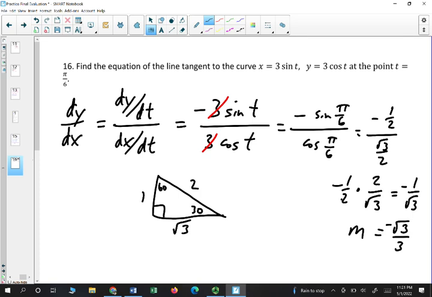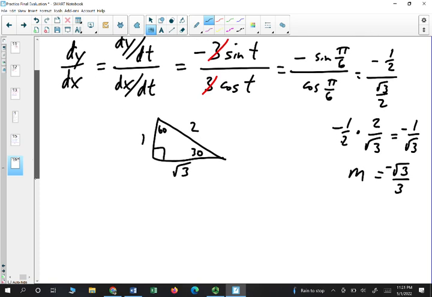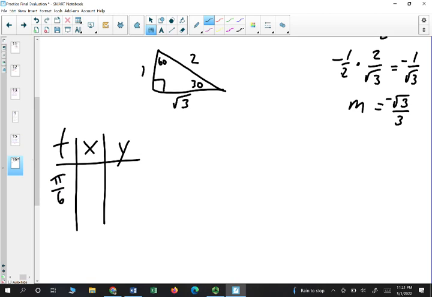Now we need an x and a y. For the point, t is pi over 6. So to get our x, that would be 3 times sine of pi over 6.